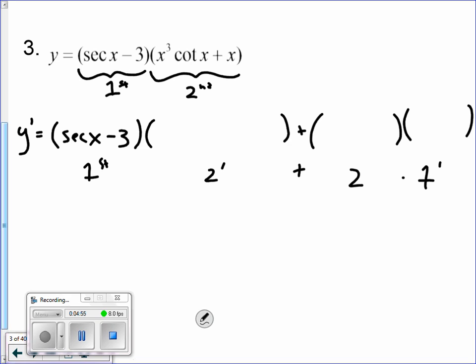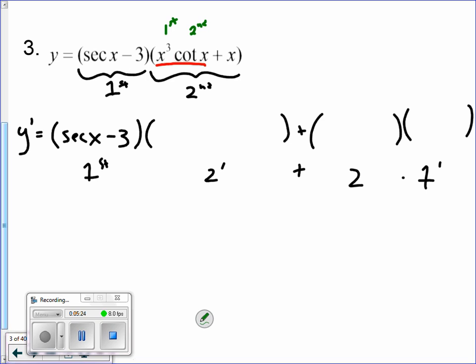Now this is where it gets a little crazy. If you look at the second, it's made up of a product plus x. So taking the derivative of plus x, that's just going to be plus 1. But to take the derivative of x cubed cotan x, we've got a little product rule. So now for this product, x cubed will be our first, and cotan x will be our second.